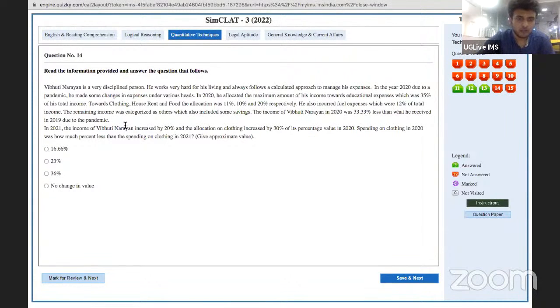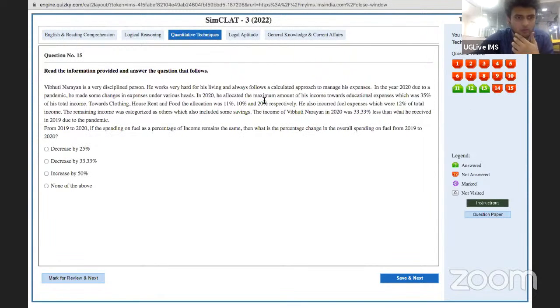Approximate value. थोड़ा ट्रिकी है, बट मैं देख सकता हूँ. उतना टाइम नहीं है, कुछ और देख लूंगा मैं.